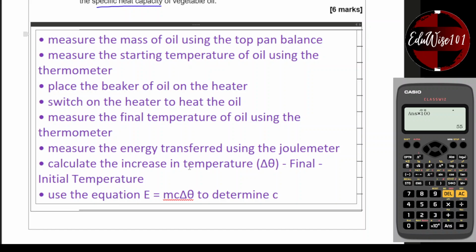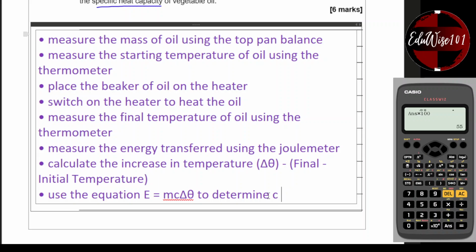Calculate the increase in temperature, which is final minus the initial temperature. And then use the equation E equals mc delta theta to determine specific heat capacity.